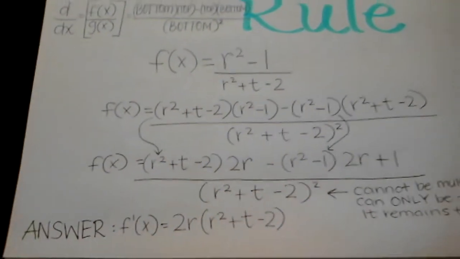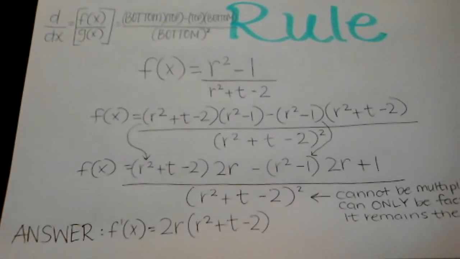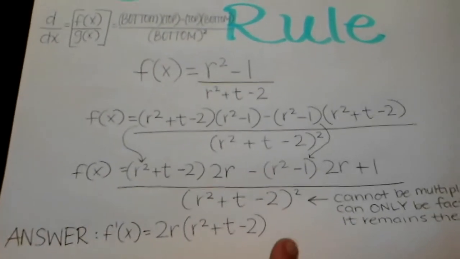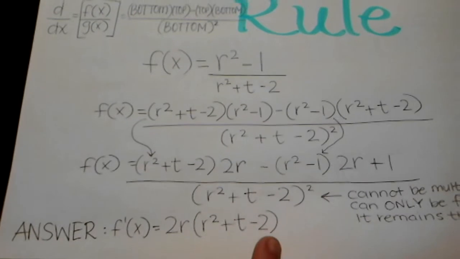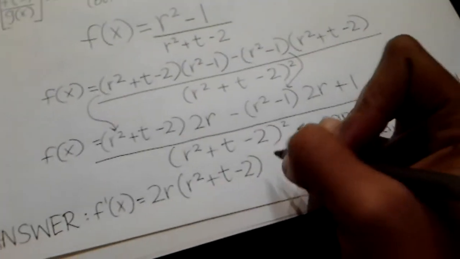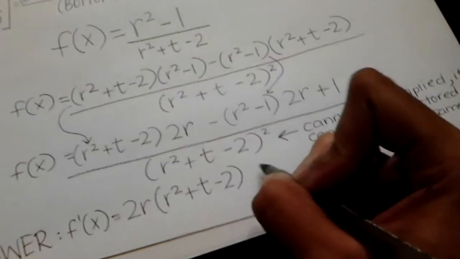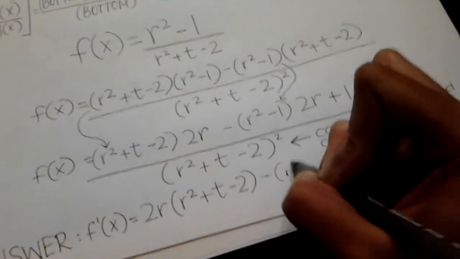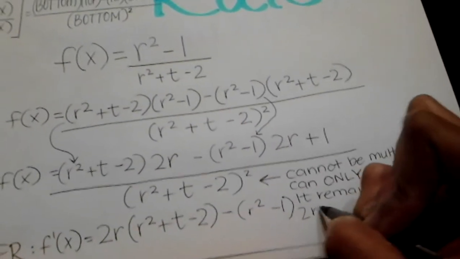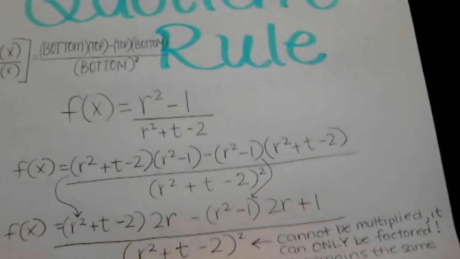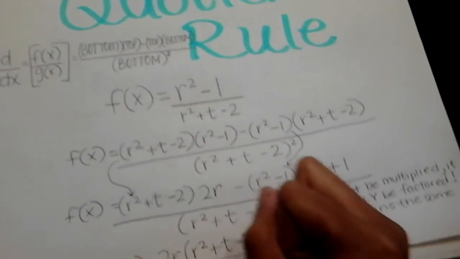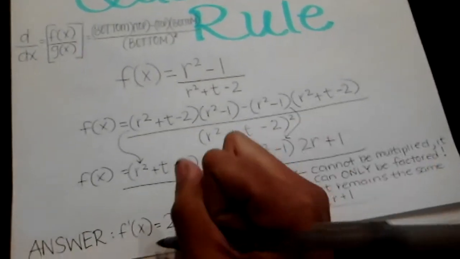So therefore, your answer is 2r times r squared plus r minus 2, minus r squared minus 1 times 2r plus 1, then all over r squared plus r minus 2 squared.